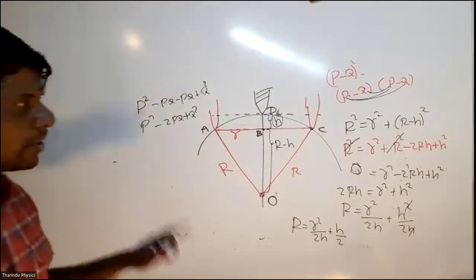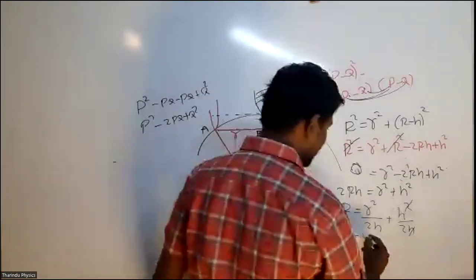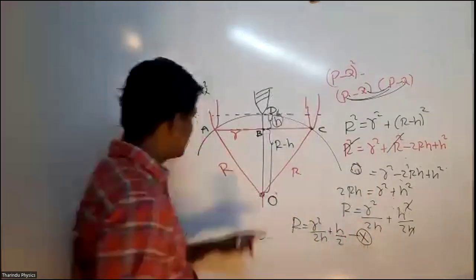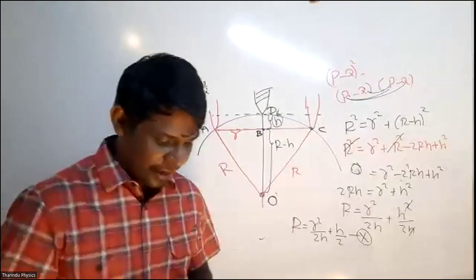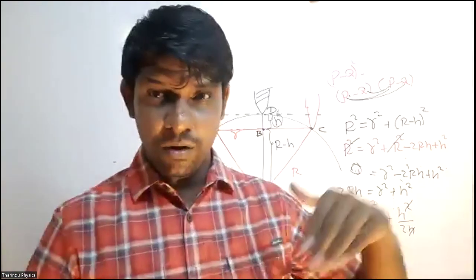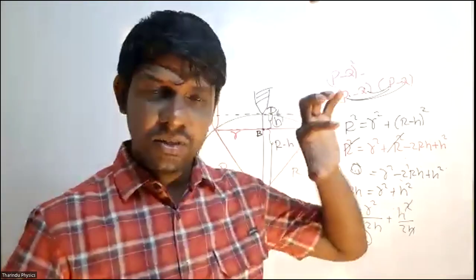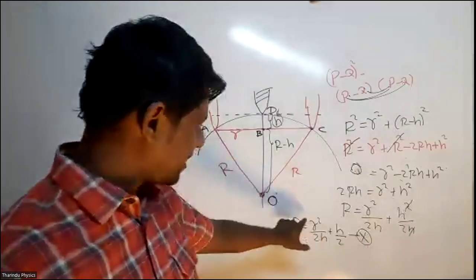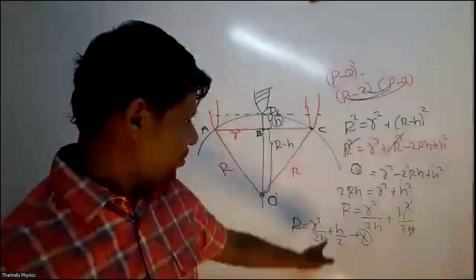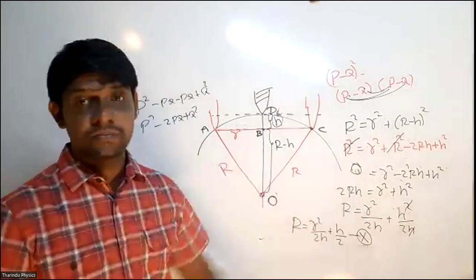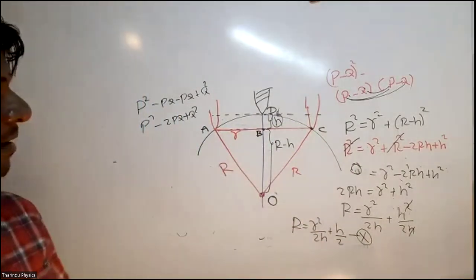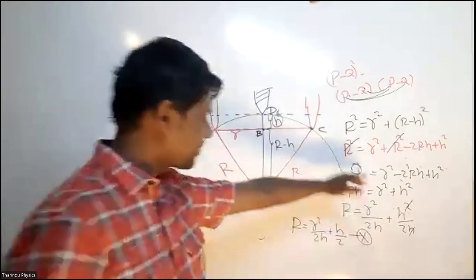But it is not finalized yet. Why? You have to remove this simple R from the equation because you can't deal with an equation with two unknown terms. You can only use one unknown term, that is R. Because h you can find, this simple R you have to immediately remove. Can you understand? Now copy all of this.